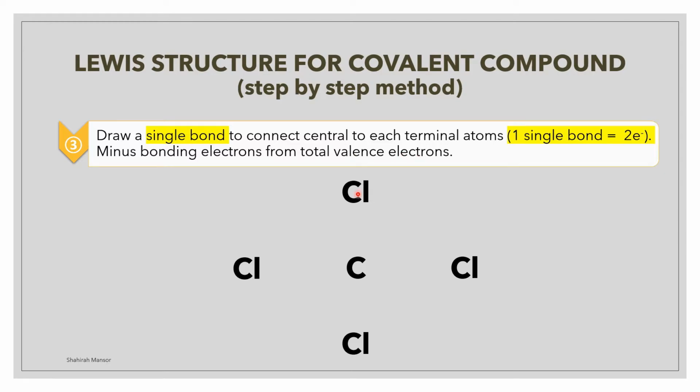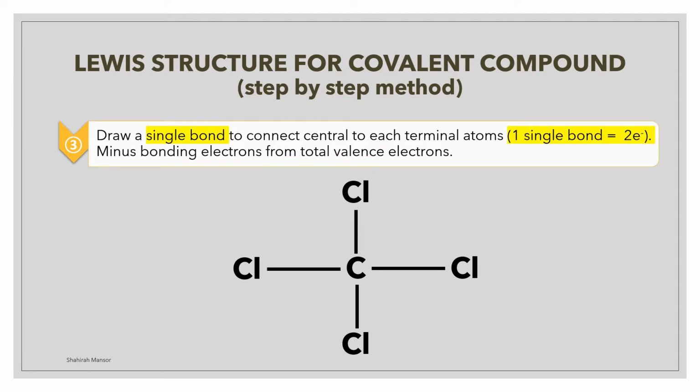So since here we have 4 terminal atoms, we have to draw 4 single lines to connect the central atom with the terminal atoms. So now this one bonding consists of 2 electrons. So we have used sebanyak 2, 4, 6, 8 elektron. So don't forget to minus bonding electrons from total valence electrons.